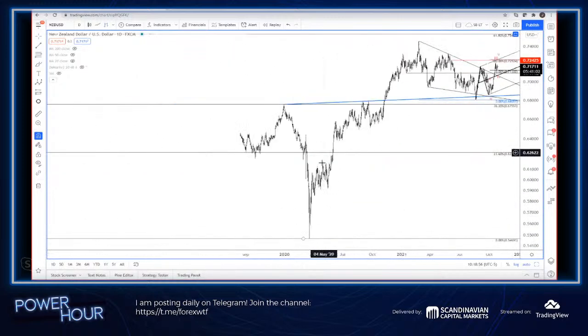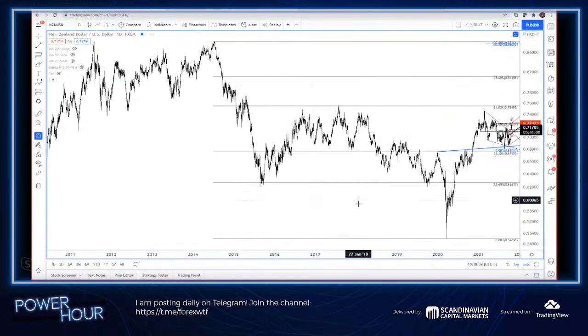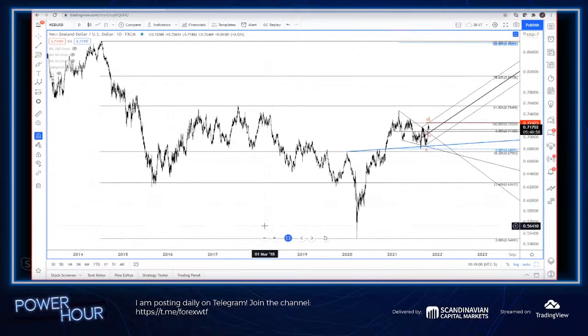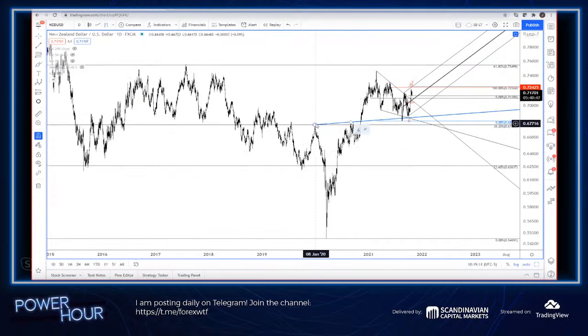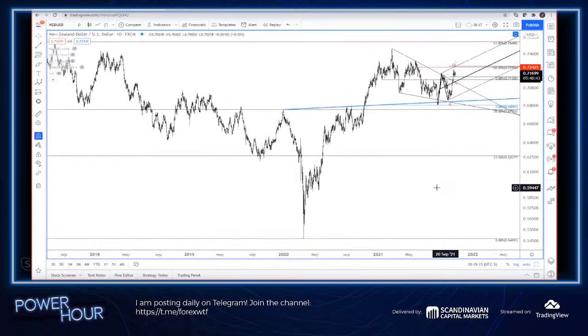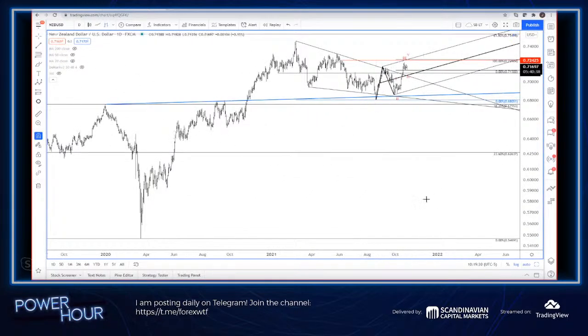Now, if I zoom out a little bit more, right, this is a really bullish setup on a bigger picture. You can see this big low here with a tight high right shoulder neckline, right? That's exactly where we bottomed back in August.